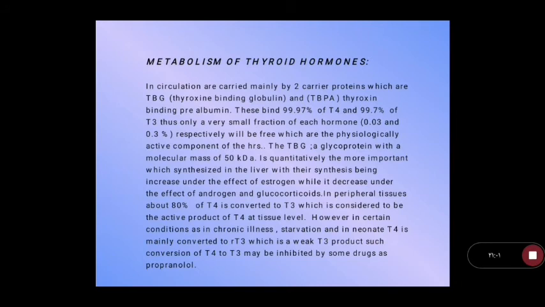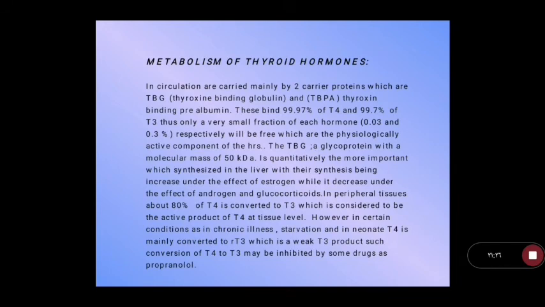Thus only a very small fraction of each hormone, 0.03% and 0.3% respectively, will be free, which is the physiologically active component of the hormone. This is what remains of these hormones.